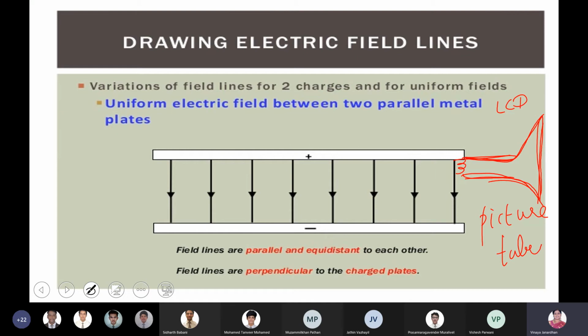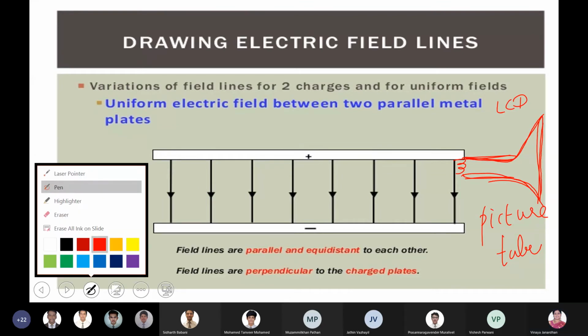When you heat this metal, its surface will emit electrons. This stream of electrons passes through two parallel metal plates, which means they experience an electric field. So when they experience it, I'm asking you a question.